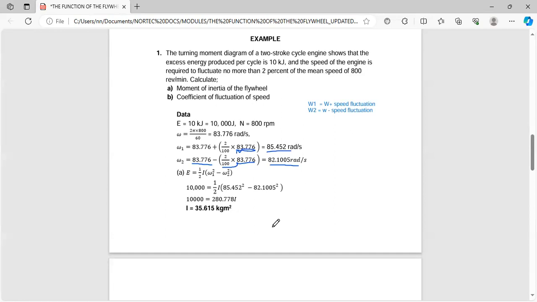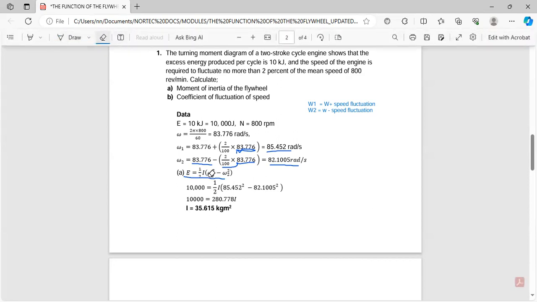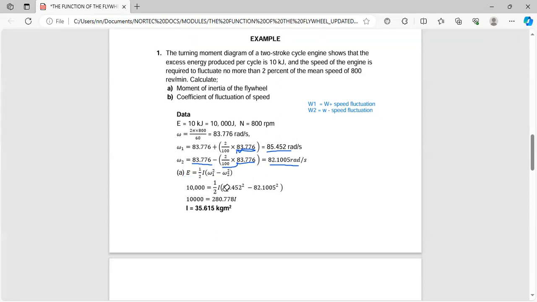Let's review the formula for fluctuation of energy, looking at the information provided. If you substitute, you try to make sure you factorize these. The formula we had is: E, which is the energy, is equal to half moment of inertia, then open the brackets, maximum minus minimum.